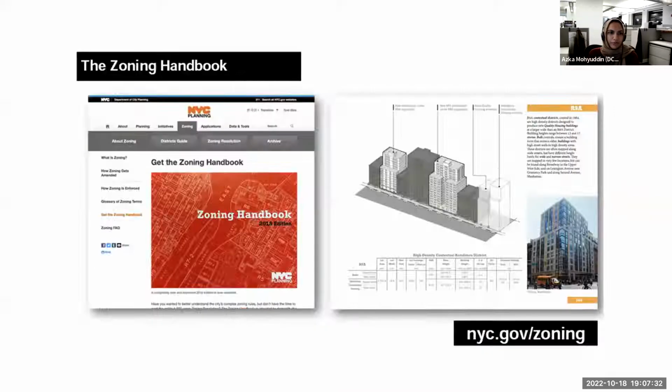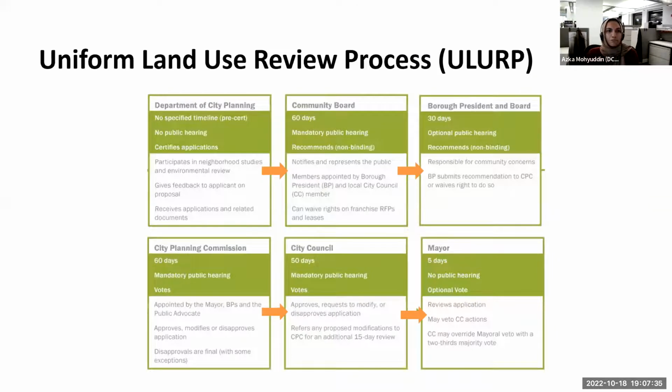So I'll go through ULURP first. Like I said earlier, the zoning resolution has certain things like a special permit, for example. If an applicant is applying for a special permit for their development, they will go through a ULURP process.